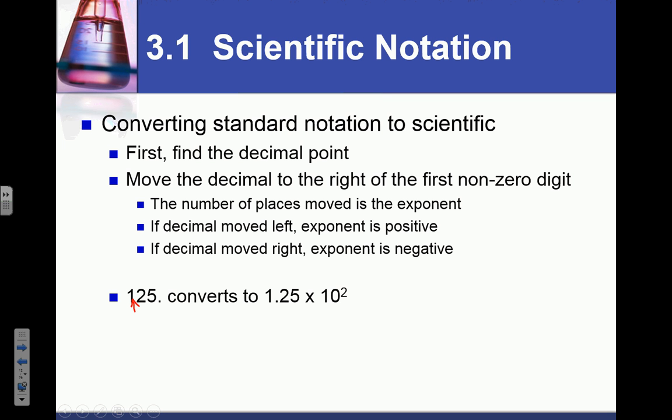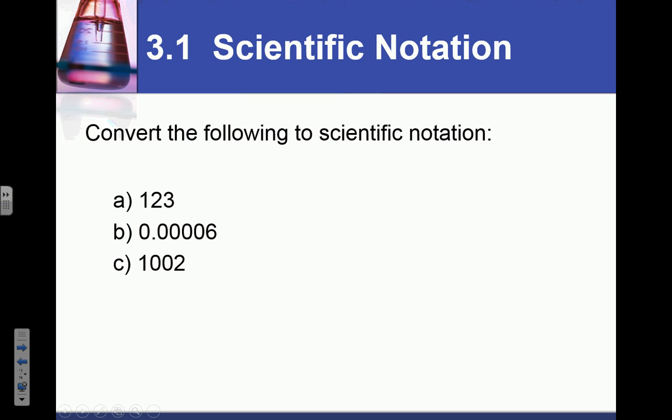And then what we have to do is figure out how many places we had to move that decimal to get to 1.25. And in this case, we had to move it twice. So if we had 1.25 and we wanted to get back to 125, we have to multiply by 10 twice. That's why it's a positive integer. So 125 is going to convert to 1.25 times 10 to the second.